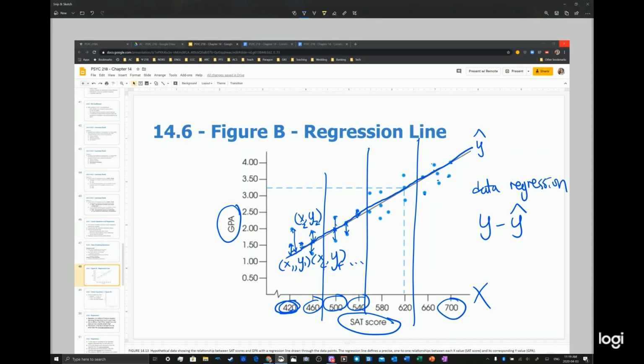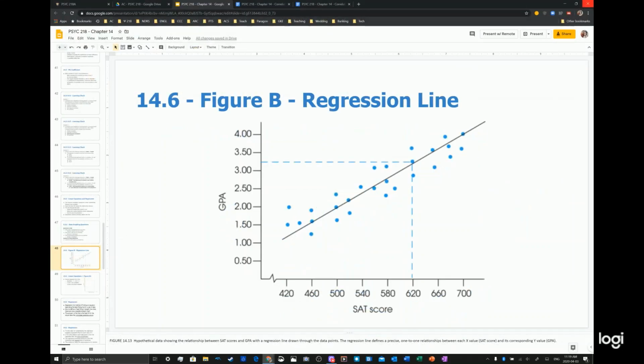The regression line is placed where this distance between the data and the regression is the smallest, the minimum value. We'll explore that more in detail, but for now, that's how the regression line works. It shows the relationship, helps us see it more easily, and helps us make predictions, showing the trend of the correlation between two variables.